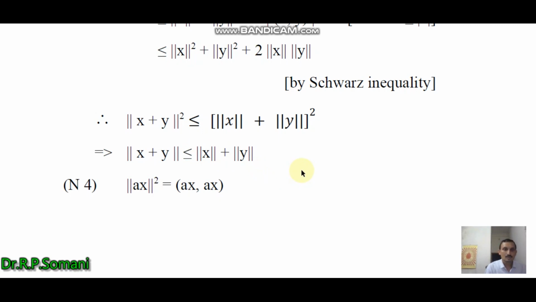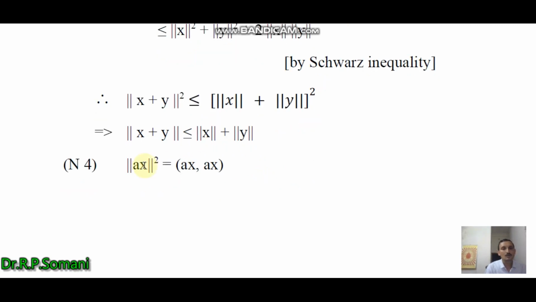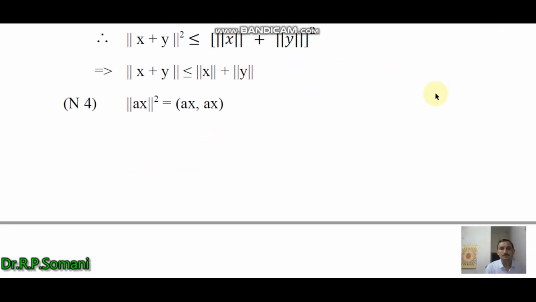Now for the fourth property, ||ax||² = (ax, ax).